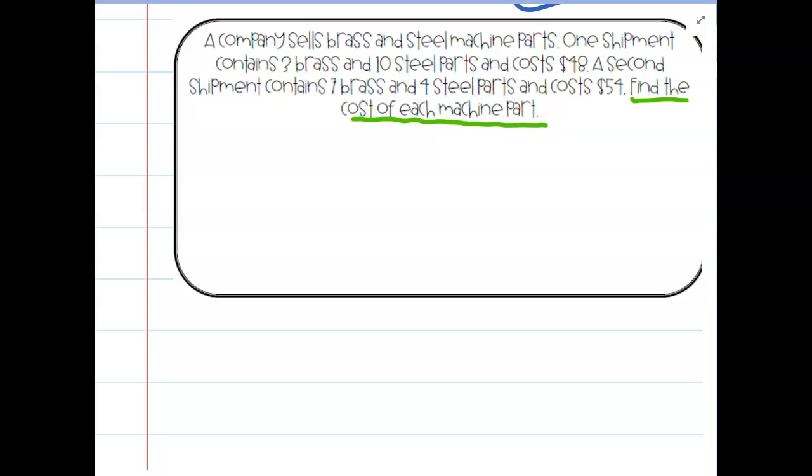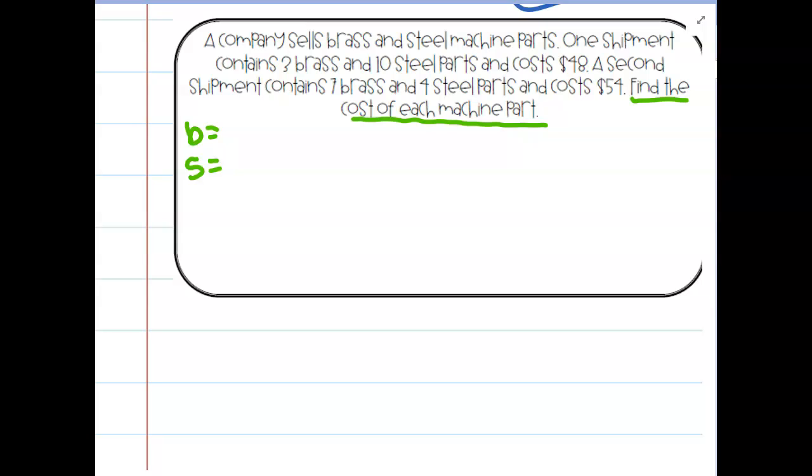Okay, what kind of machine parts do I have? Brass and steel. So let's use B equals now. When we do this, I'm going to use B and S. We want to be specific, because if I just say B for brass and S for steel, I mean, what am I talking about? Am I talking about the number of brass parts? Am I talking about the cost of the brass parts? Am I talking about how heavy they are?